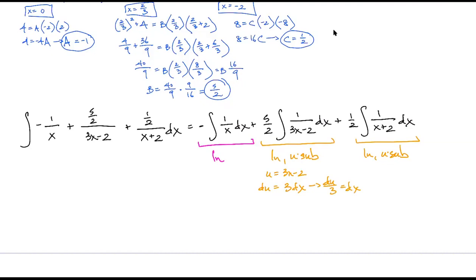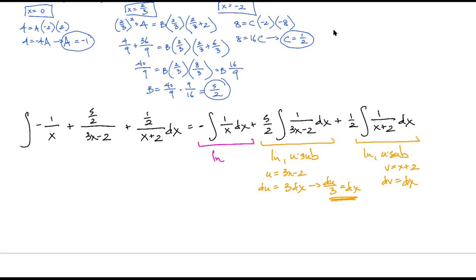Now, if we do the same thing for the last fraction, we'll let v equals x plus 2, dv equals dx. There's nothing I need to divide away for that last one, but if you get in the habit of never setting up the u sub, you're going to miss the extra factor for the second one.